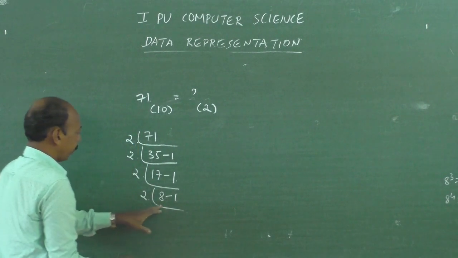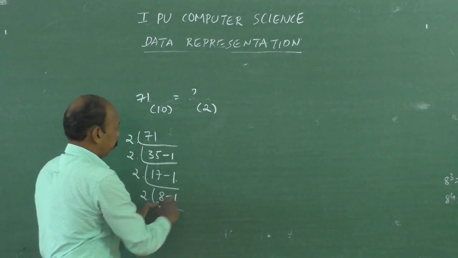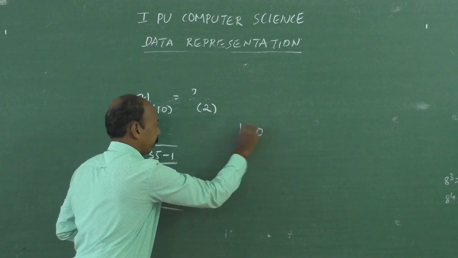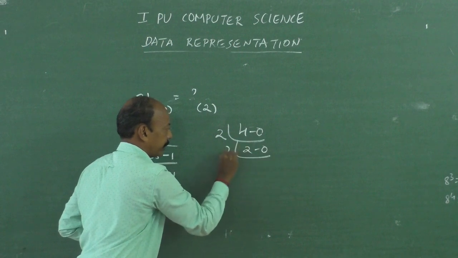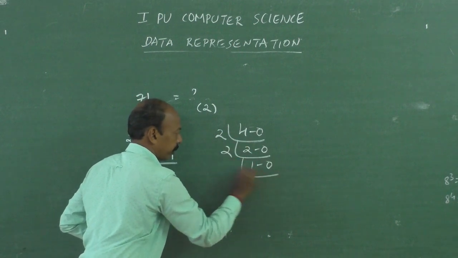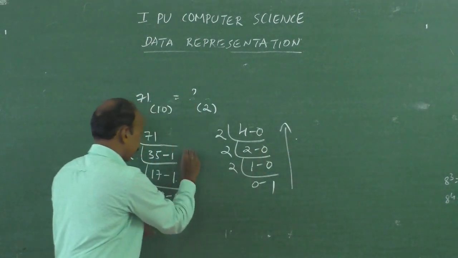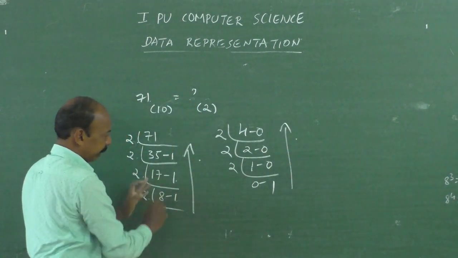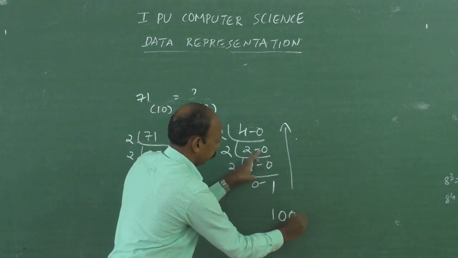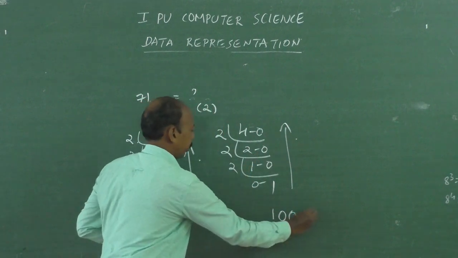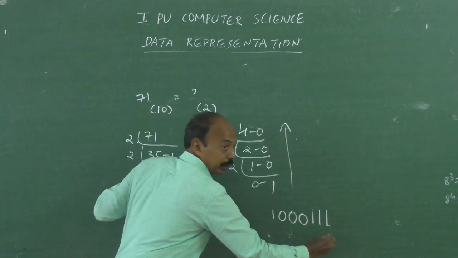See, after writing 8, divide 8 by 2, it is 4 and 0. Again divide by 2, it is 2 and 0. Again divided by 2, it is 1 and 0. Again divided by 2, it is 0 and 1. Start writing from here, then write the values written this side. So it becomes 1, 0, 0, 0, then this one, 1, 1 and 1 to the base 2.